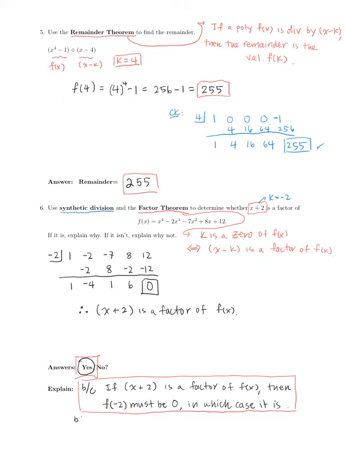You could also say, because if x plus 2 is a factor of f of x, then when you divide f of x by x plus 2, the remainder should equal 0.